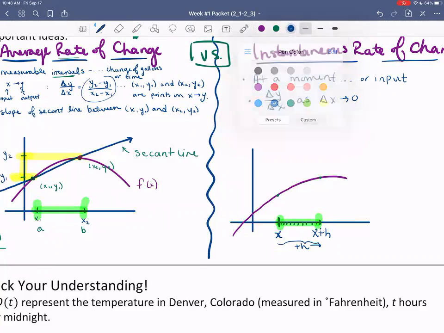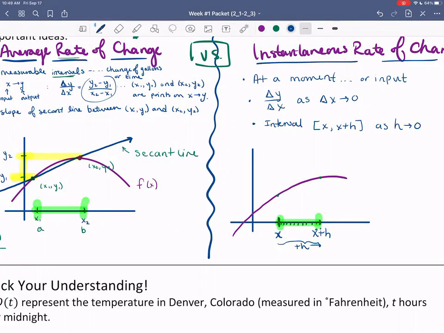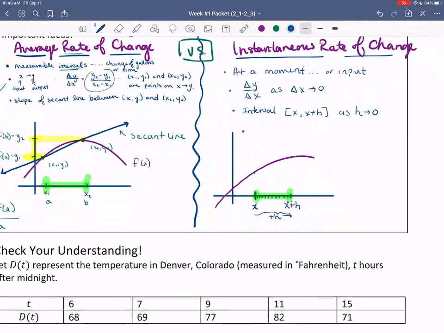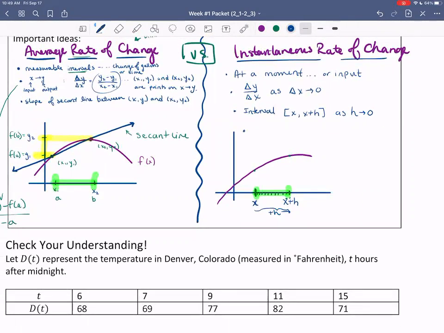So continuing our notes here, we look at the interval x and x plus h as h goes to 0. This is just different notation to describe the same thing, but we'll see why this is important in the next examples. Finally, what we want to consider are the slopes of these lines going through x and x plus h. And how do we represent those slopes? Well, change in output.